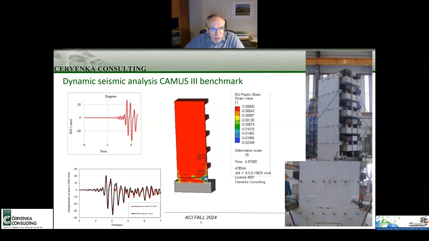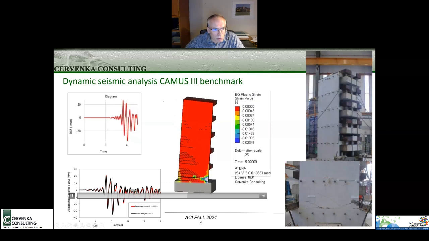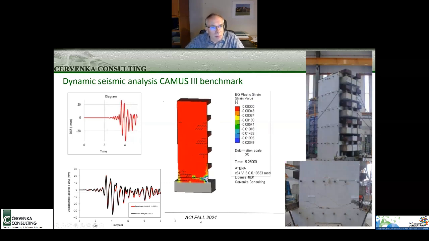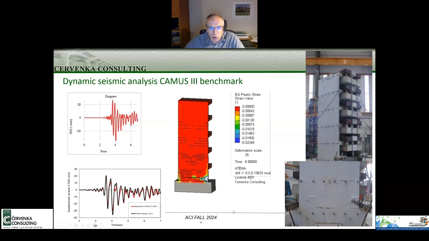This is a laboratory experiment, because we can then compare, as you can see at the bottom here, quite a good prediction. This is the famous CAMUS benchmark from France. And our ATENA model shows very nicely the crack development, opening and closing of cracks, and the crushing of the concrete in this bottom right corner.